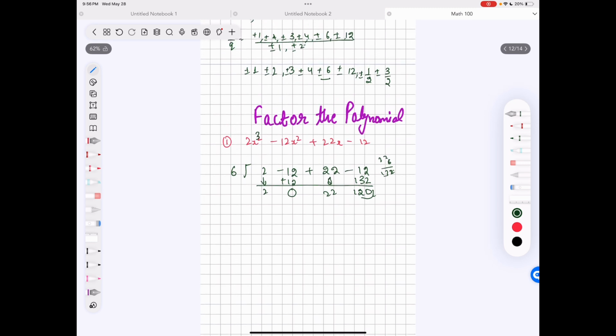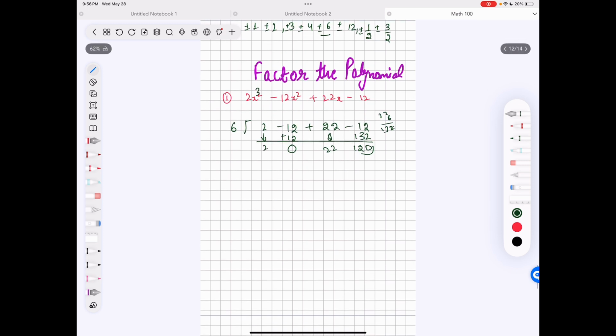Maybe we can take positive 1 and see if we can get it. So 1, then 2, minus 12, 22, minus 12. So we're going to bring 2 down. 2 into 1 gives us 2, and then we get negative 10. Negative 10 into 1 would give us negative 10.